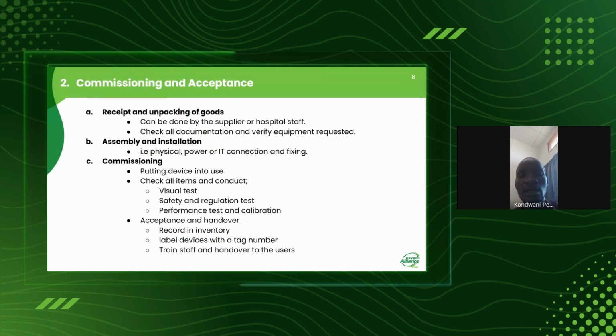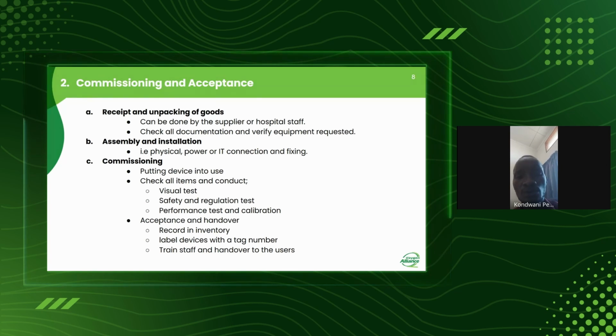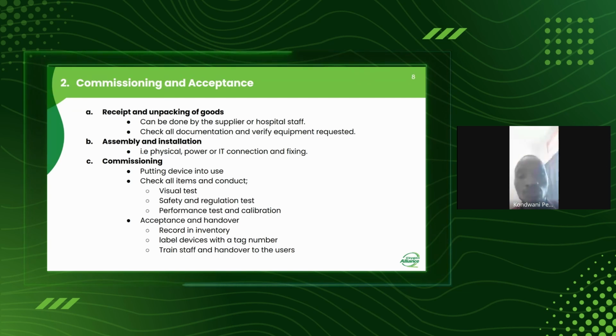After it has passed all these processes, you can accept and hand over. It's important to accept. In some cases, we have acceptance certificates which you can give to the supplier, in which you record the equipment in inventory, label it with a tag number, train the staff, and hand over the equipment to the users.